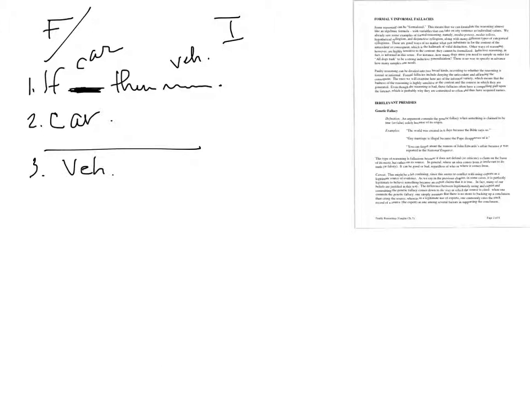It's going to follow from this premise and this premise that you know how to drive a vehicle. Now, what makes this an instance of formal reasoning is that it doesn't matter what you put in for this and for this, as long as it conforms to precisely this way of reasoning, or this pattern or structure of reasoning, which, if you recall from the previous assignment, is called modus ponens.